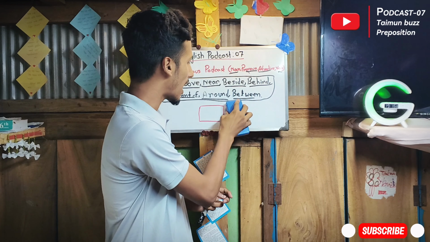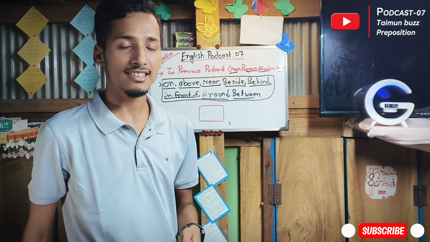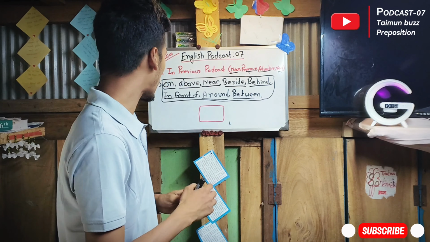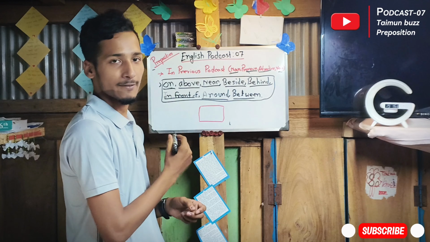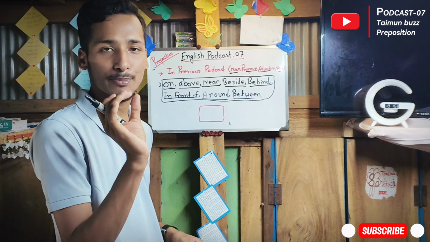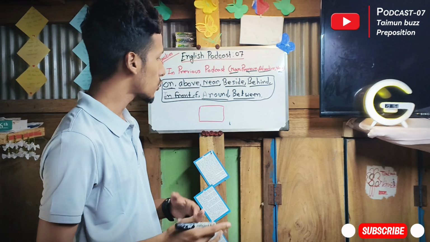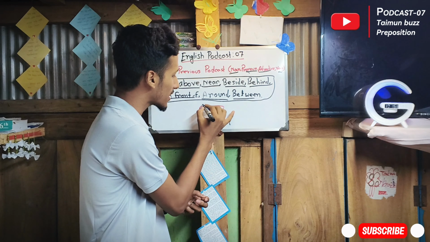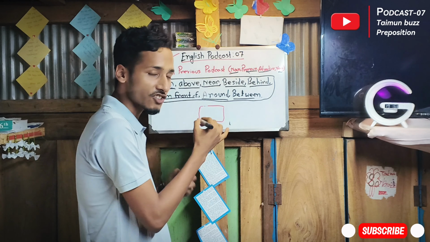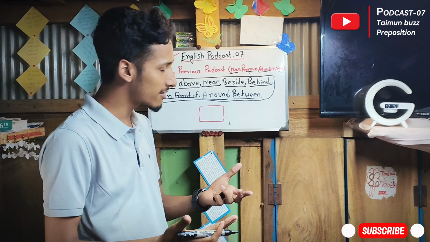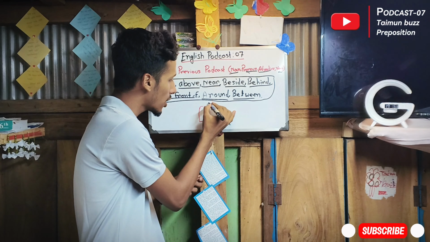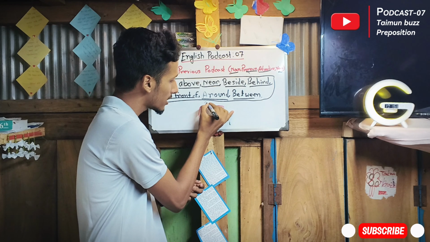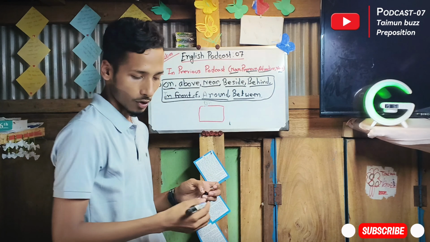Suppose now I am going to use these things in English. Our first preposition is on. So where can you use on? On means something is touchable. When it is touching the thing, you can use on.